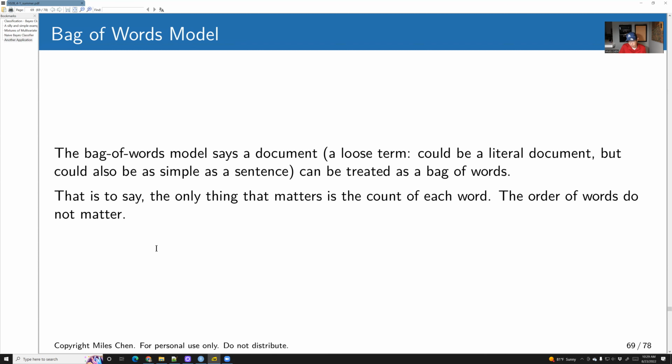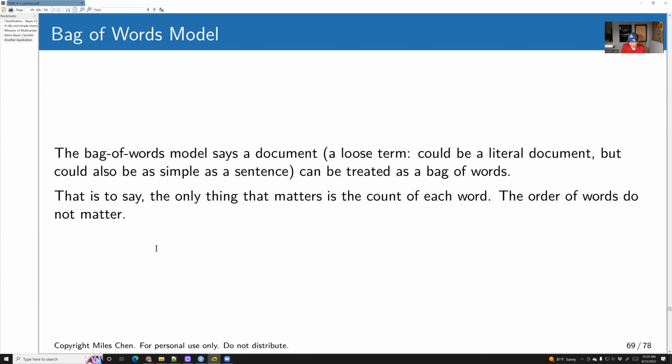The order of the words doesn't matter, right? If you throw objects into a bag, there's no order, right? In a stack there's an order. You can have the first, the second, the third, and the fourth element. If I give you a bag of stuff and I say, give me the sixth object in the bag, you have no idea what object I'm talking about, because there's no order inside of a bag, right?